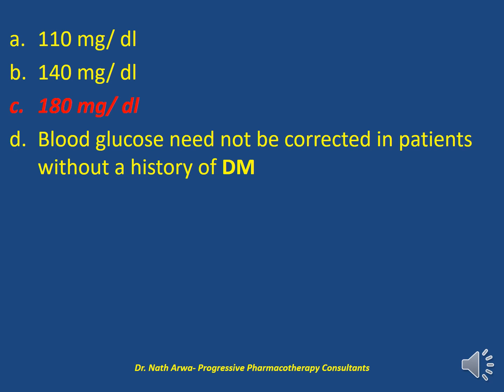Therefore, an upper limit of blood glucose of 180 milligrams per deciliter is the best choice for this particular patient.